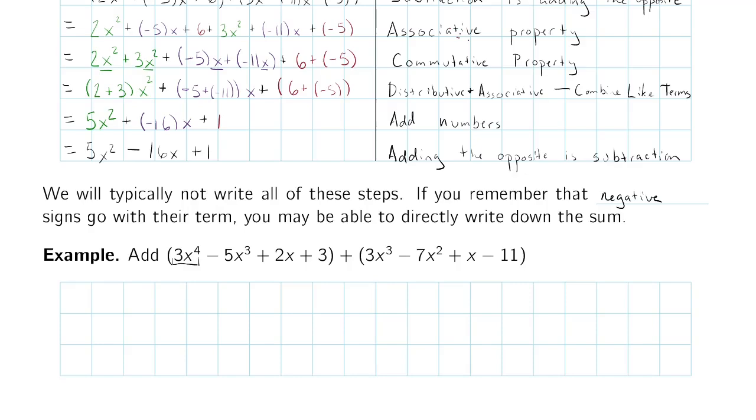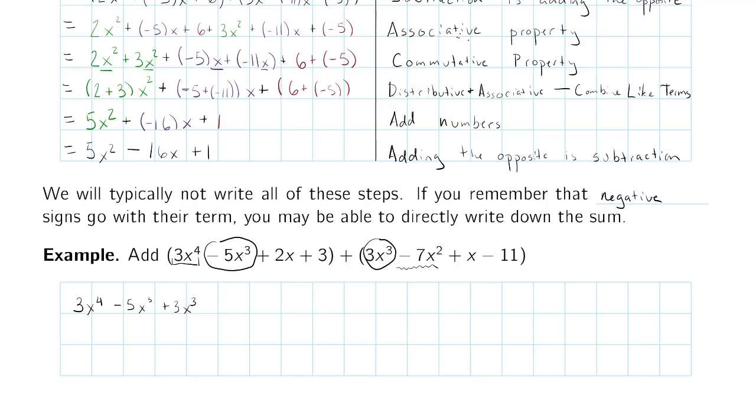So here I have an x to the fourth term. I don't have anything else. So I'm going to have just a 3x to the fourth. Next, I'm going to collect the x to the third terms. So minus 5x to the third plus 3x to the third. Then I'm going to collect x squared terms.